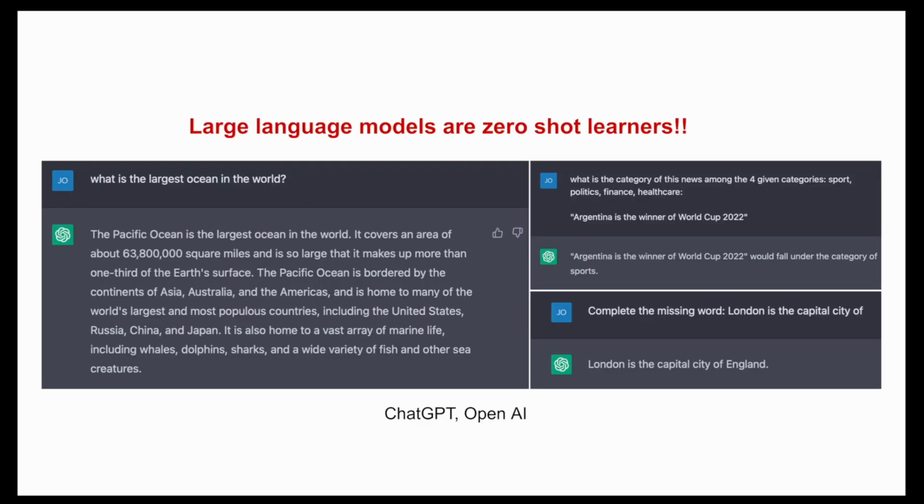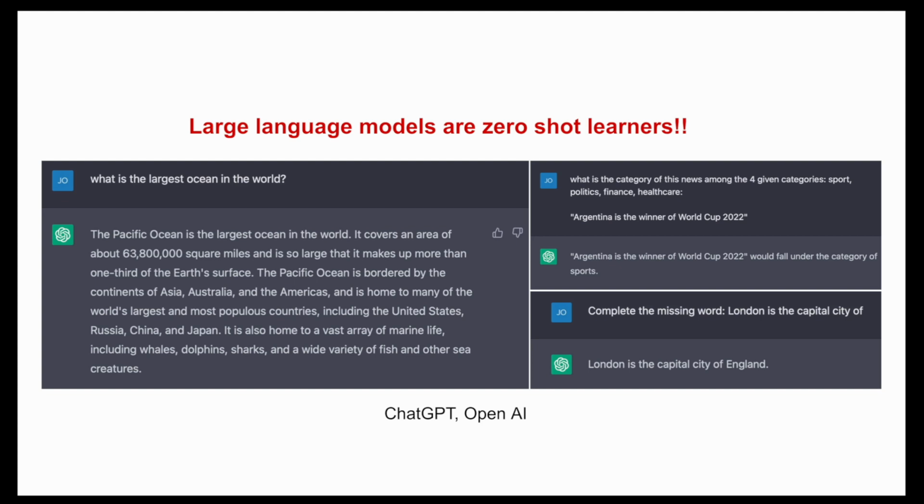You might know ChatGPT. I think nowadays everyone knows ChatGPT, even if you are not into AI. So large language models are zero-shot learners, and I think ChatGPT demonstrates that well. If you ask ChatGPT, for example, what is the category of this news among the four given categories, you say categories are sports, politics, finance, healthcare, and your news is Argentina is the winner of the World Cup 2022.